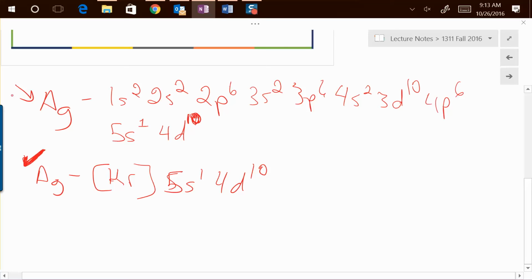So they're okay. Okay, let's try one more really quick. You can do the abbreviated one. Let's do it for lead. What is the electron configuration of lead? Abbreviated.